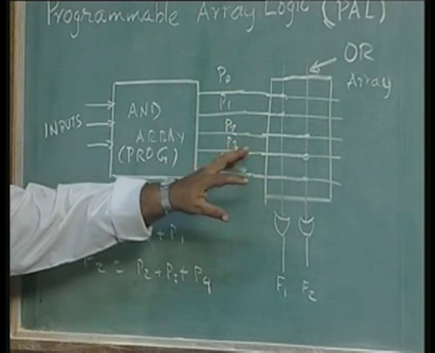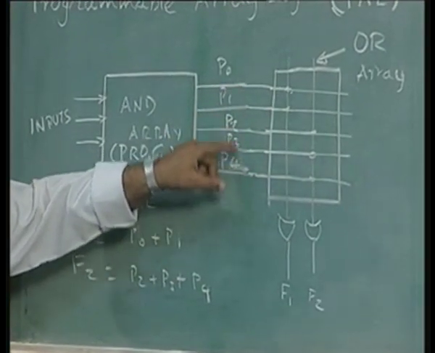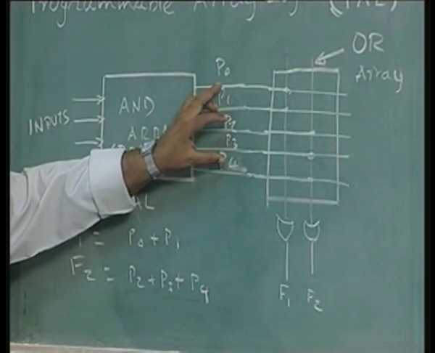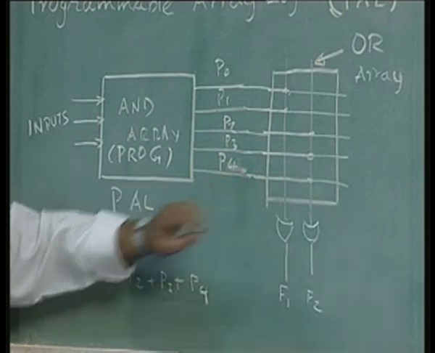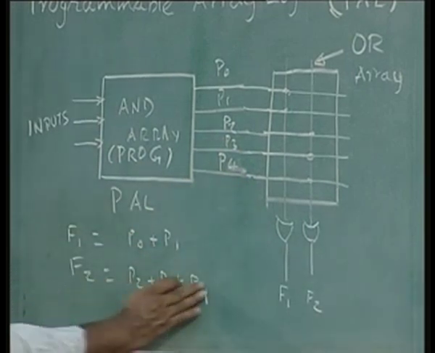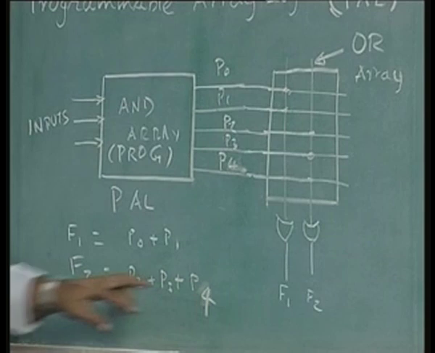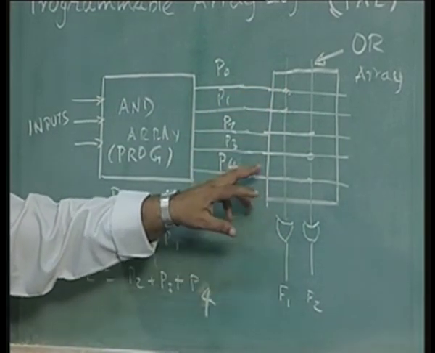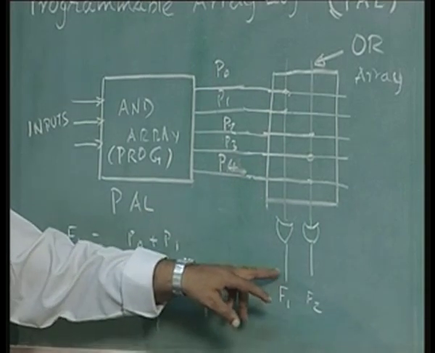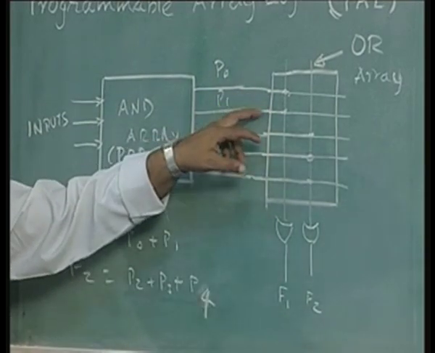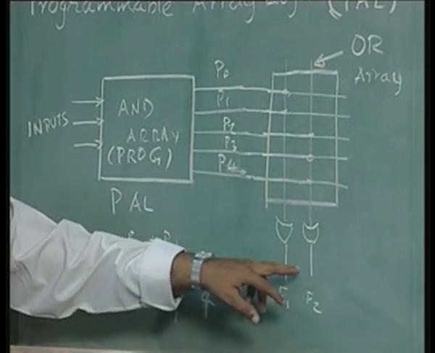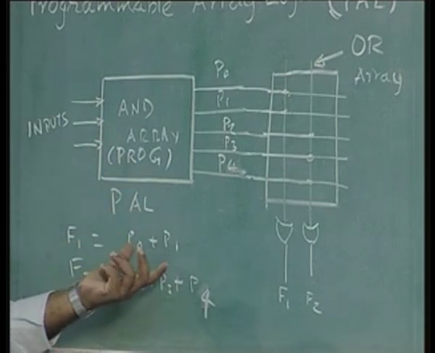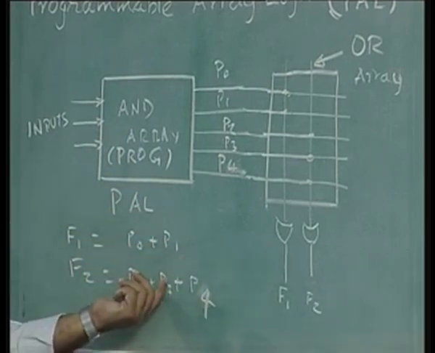Earlier the OR array was programmable, any combination, any number of the product terms that are generated could become inputs to the OR gates. In this case though, the number of inputs as well as the product terms that are connected to the OR gate are fixed. In this particular example, F1 can only take P0 and P1 as inputs, F2 can only take P2, P3 and P4 as inputs. That means I am restricted in what type of functions I can implement.